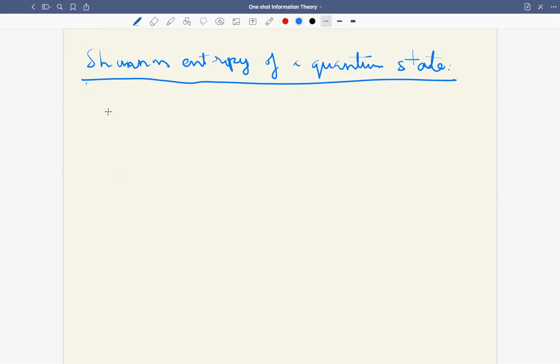So remember my quantum state rho. If I go to its eigenbasis, I can write it as the summation over i of lambda i, ket Vi, bra Vi. This we saw already. The Vi's are the orthogonal basis of eigenvectors, and the lambdas are the eigenvalues.